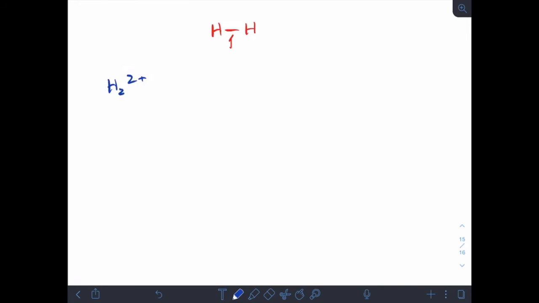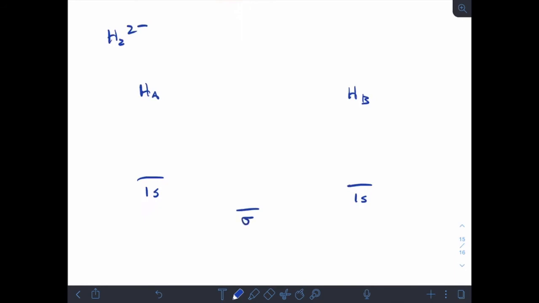I'm going to start with hydrogen A and its 1s on one side, hydrogen B and its 1s on the other side. In the middle, I'm going to have, slightly lower in energy, my sigma 1s and my sigma star 1s. Since it's H2 2 minus, each one of the hydrogens should have 2 electrons.